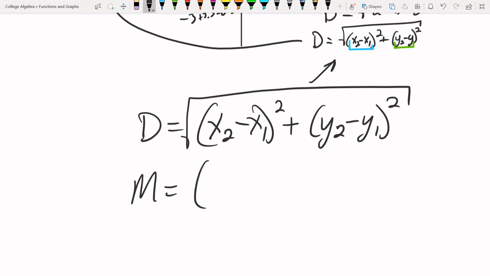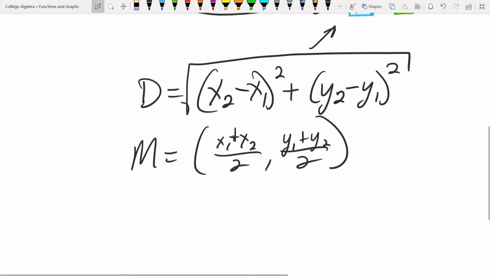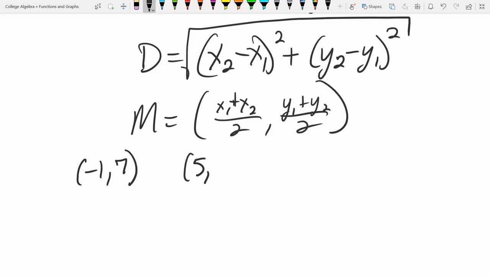And the midpoint is the average between the x values and the average between the y values. So if I had 2 points like this, -1, 7, and 5, -3, I don't have to graph it. I don't have to know anything about what it looks like. I can find the distance and midpoint quite easily by just plugging them in.